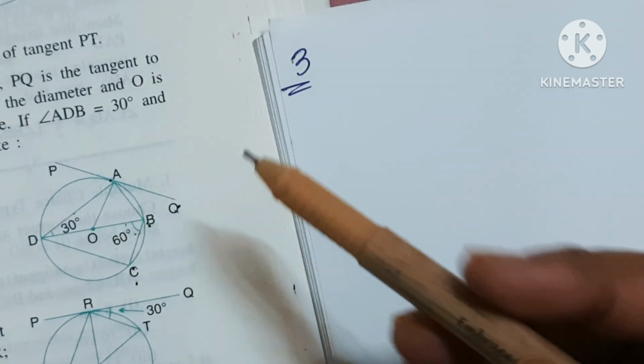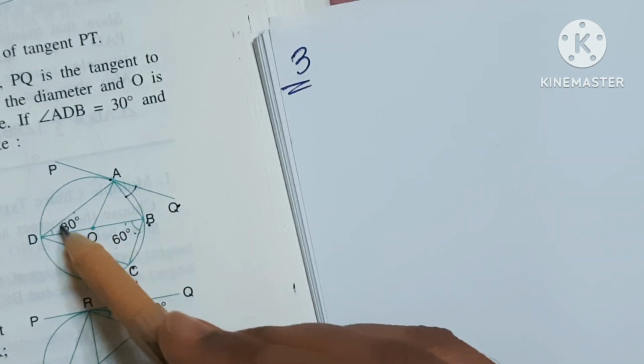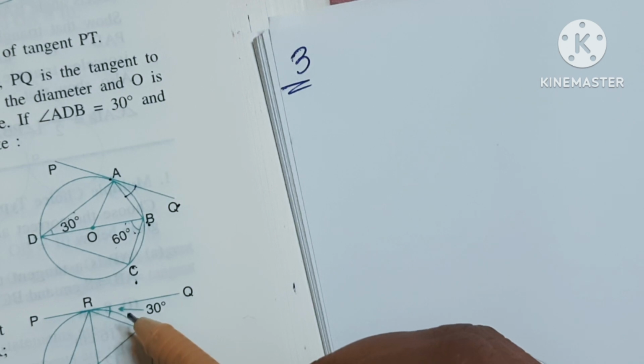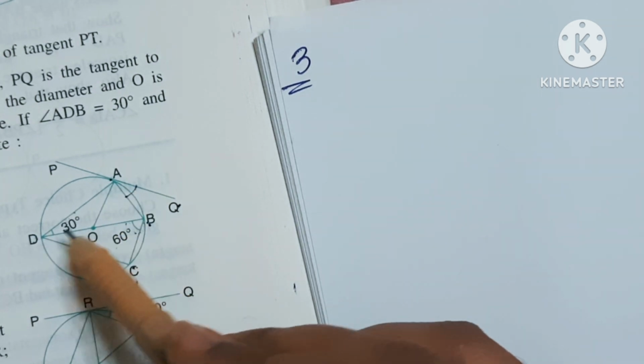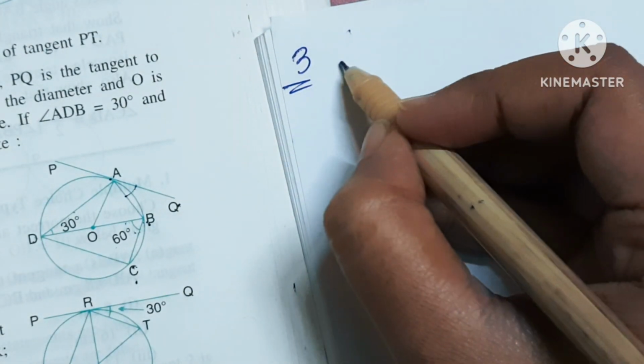Now QAB and ADB are angles of alternate segment. ADB is the angle of alternate segment of this QAB, so these two angles will be equal.